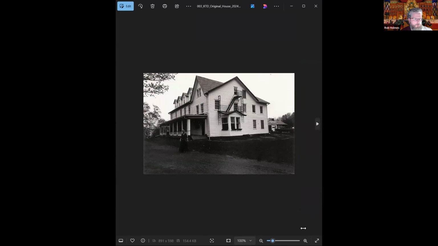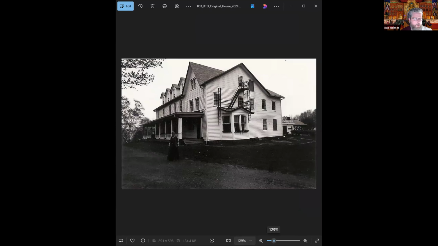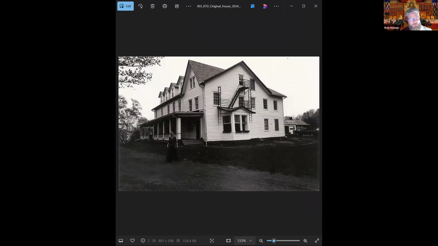This is the old White House, originally on the land that they bought, and this is what they had originally, and this is where the Karmapa had blessed this land.